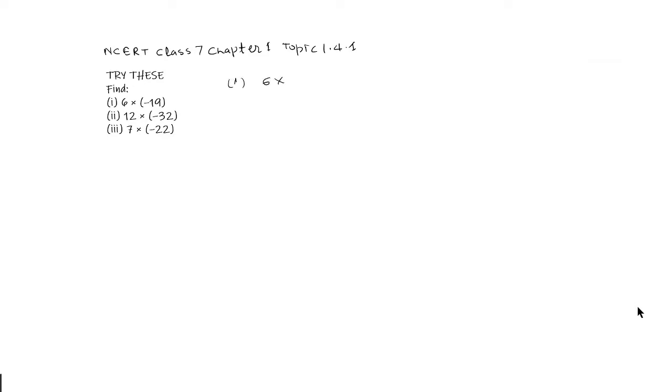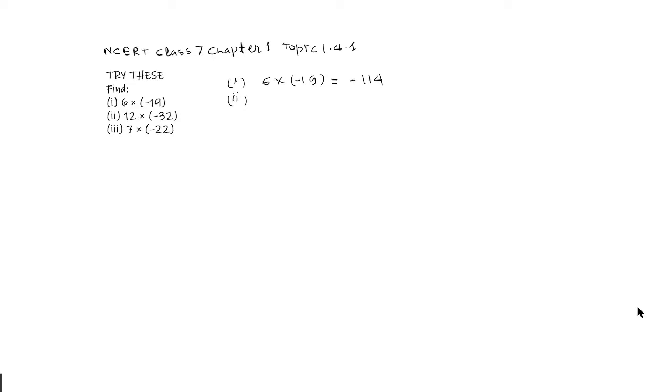In the table of 19, when we multiply it by 6, what do we get? We get 114. And as there is a minus sign, we have to put a minus sign. So 6 multiplied by minus 19 is minus 114.